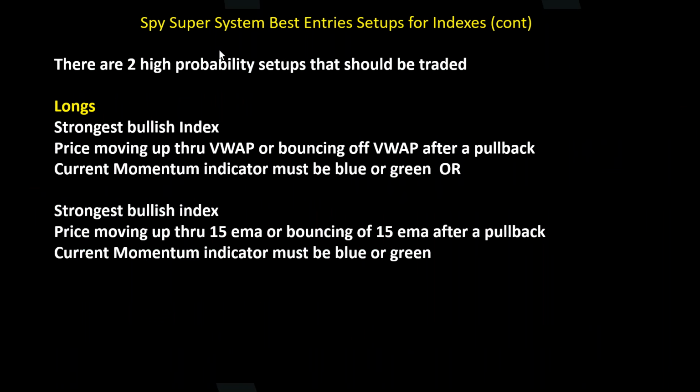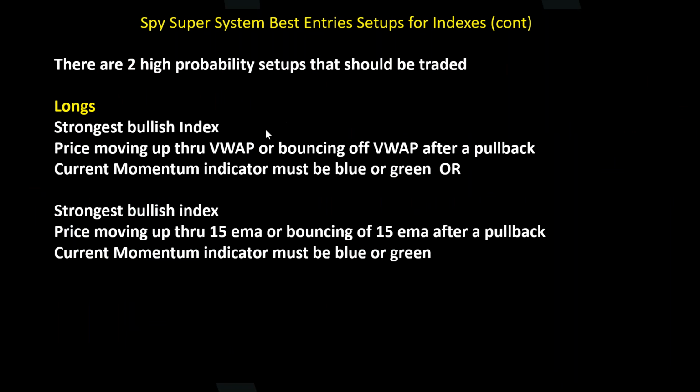We're going to talk here about the couple of best entries for indexes, and then I'm going to go into some detail of what we look for. There are two high probability setups that should be traded. For longs, you take the strongest index, as we said. Now this is just for indexes. We're going to talk about the stocks in just a minute. It's a little bit different. For the strongest bullish index, SPY, Q, IWM, it's price moving up through the VWAP, or bouncing off the VWAP after a pullback.